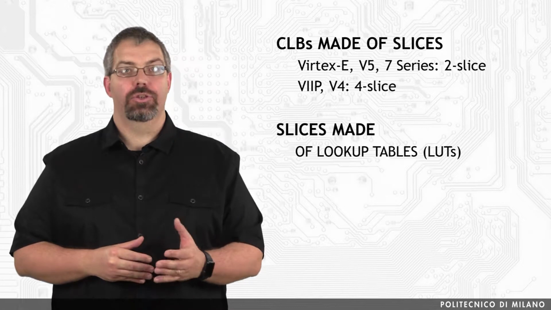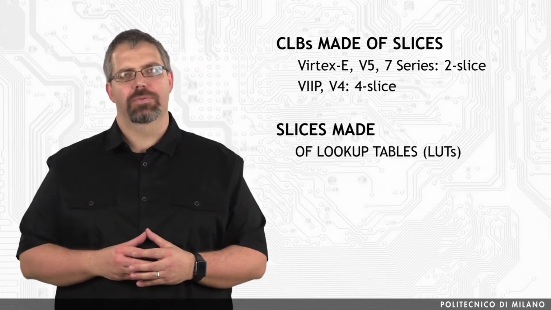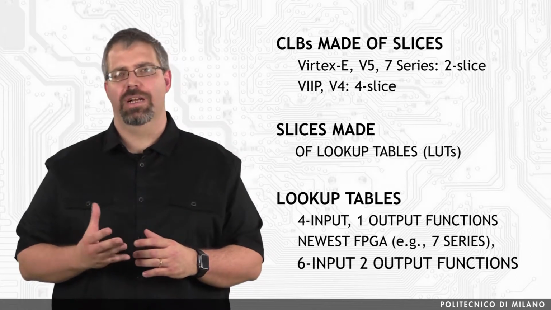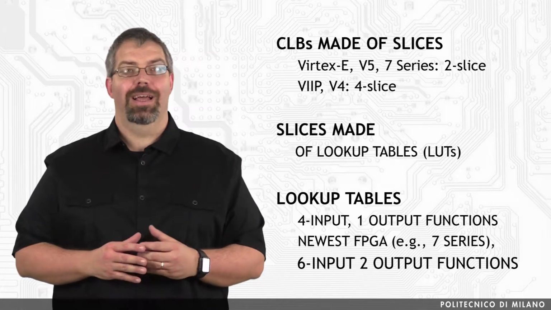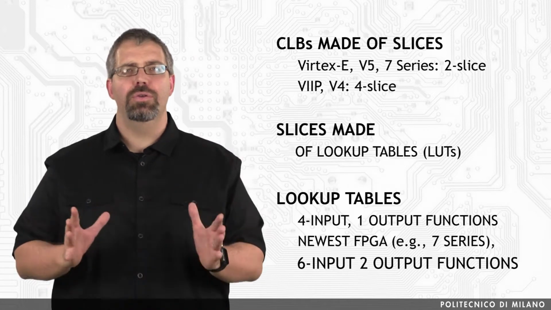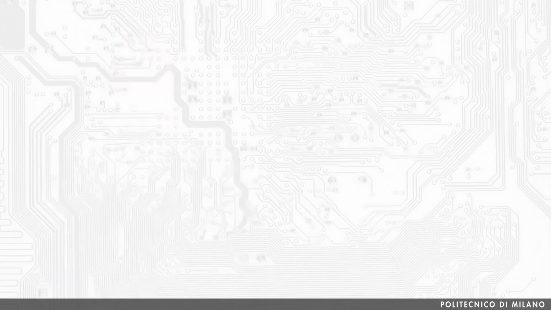A slice, in turn, contains 2 lookup tables and the necessary interconnect hardware. The lookup tables are elements that can be used to implement, in general, 4 input, 1 output functions. Newest FPGAs, like the Xilinx 7 series, are composed of lookup tables that can be used to implement functions characterized by 6 inputs and 2 outputs.